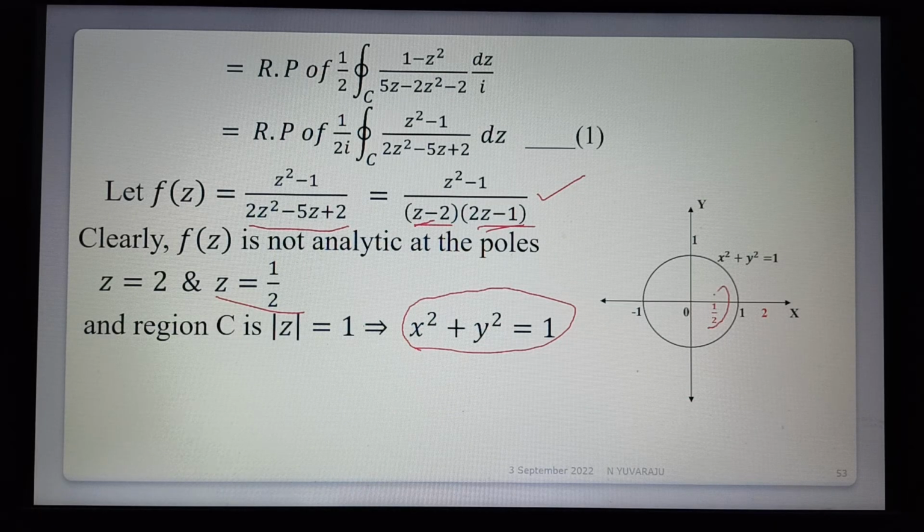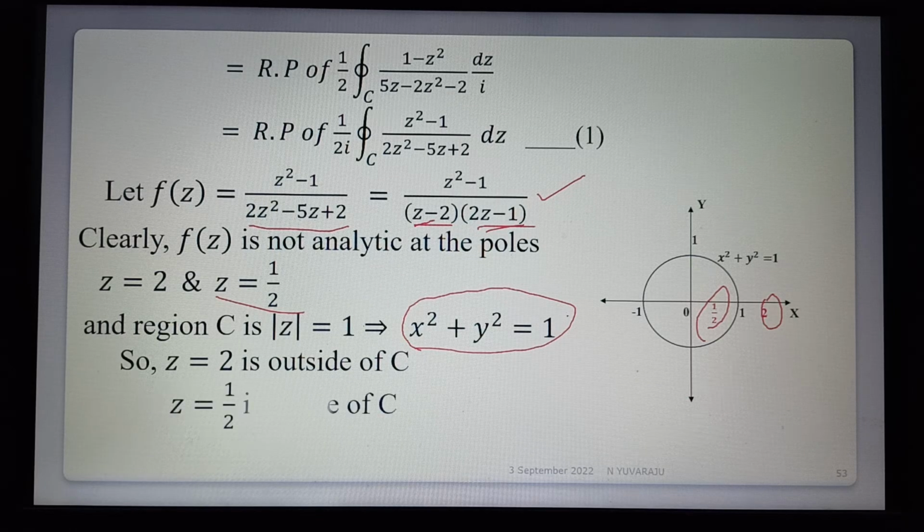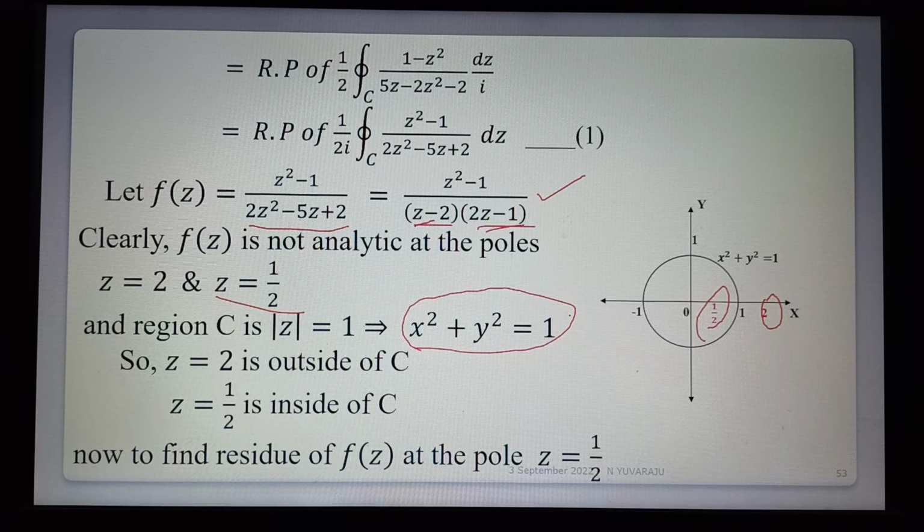Okay, next, 2 is outside, right? Radius is 1. 2 is outside of the region. Only one single point 1/2 is inside. So now finding only one residue at z is equal to 1/2. So z is equal to 2 is outside, z is equal to 1/2 is inside. So now to find the residue of f of z at the pole z is equal to 1/2.